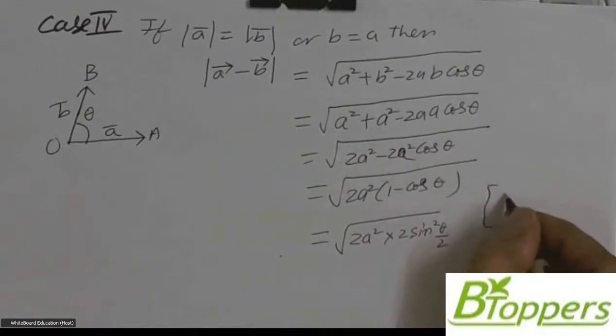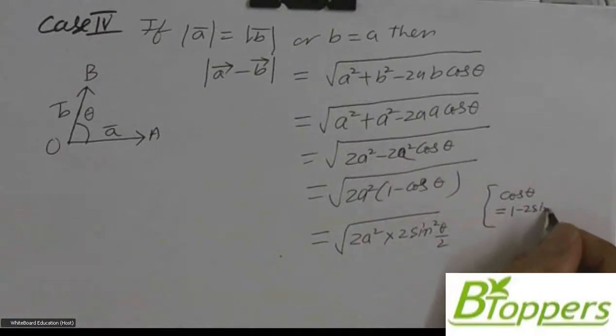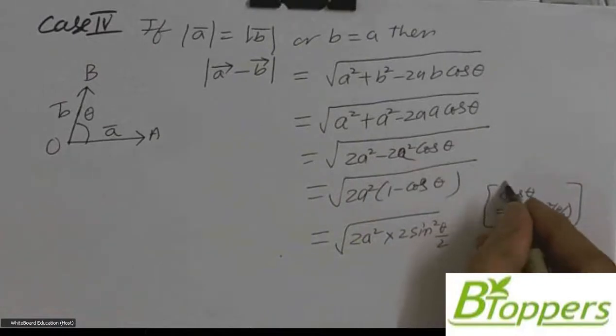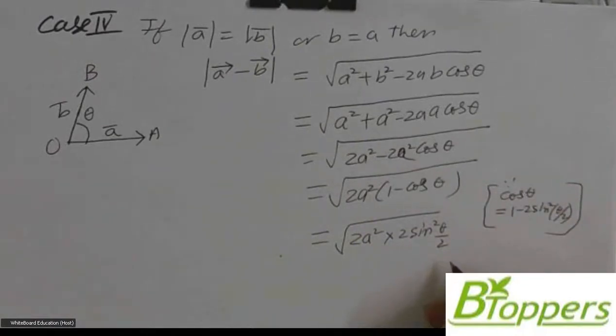So one formula in trigonometry: cos theta can be written as 1 minus 2 sin square theta by 2. So from the same equation, you can write 1 minus cos theta equal to 2 sin square theta by 2.